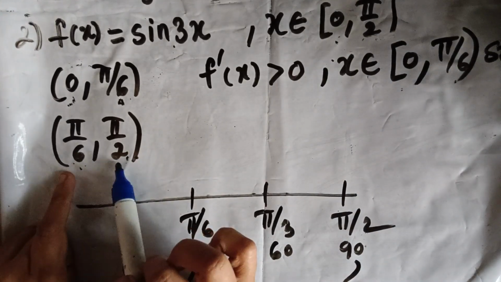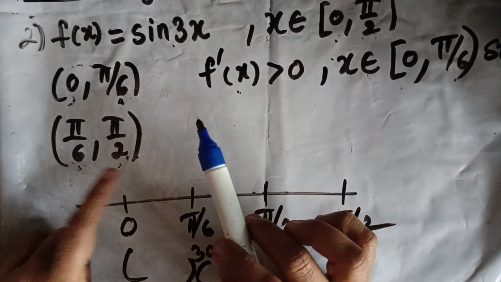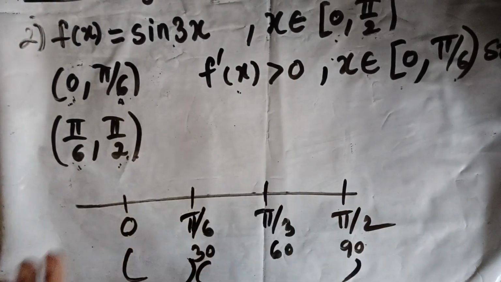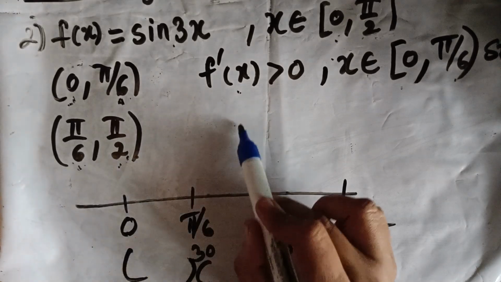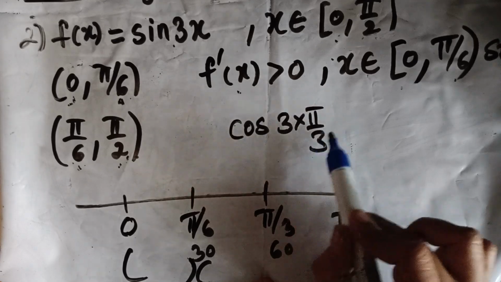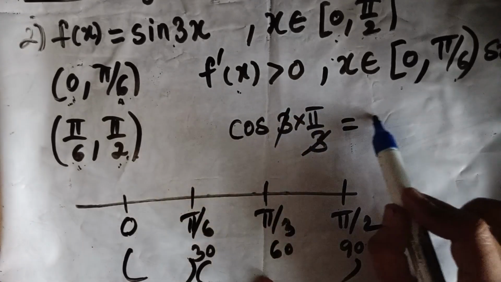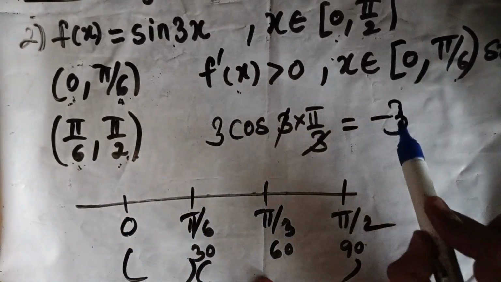Now let's see this interval, pi by 6 to pi by 2. If I put both the points in f dash of x, we get 0. So we can take one point, that is 60 degree, pi by 3. So cos of 3 into pi by 3 gives cos pi, which is minus 1. Here it was 3, right? So we'll get minus 3.